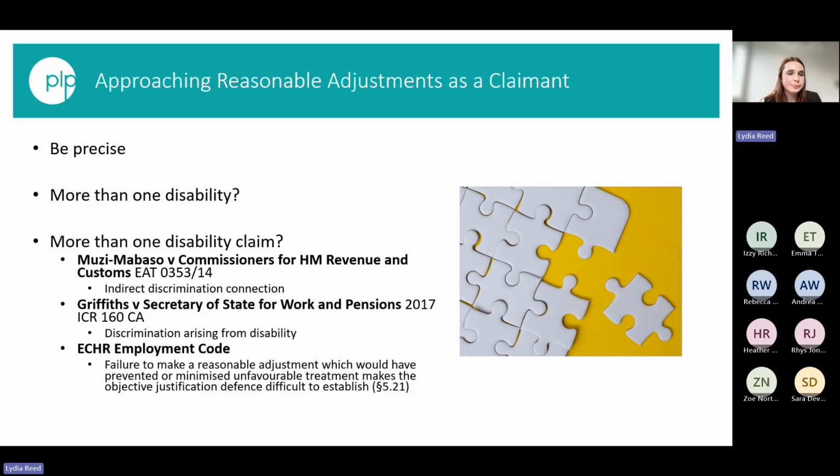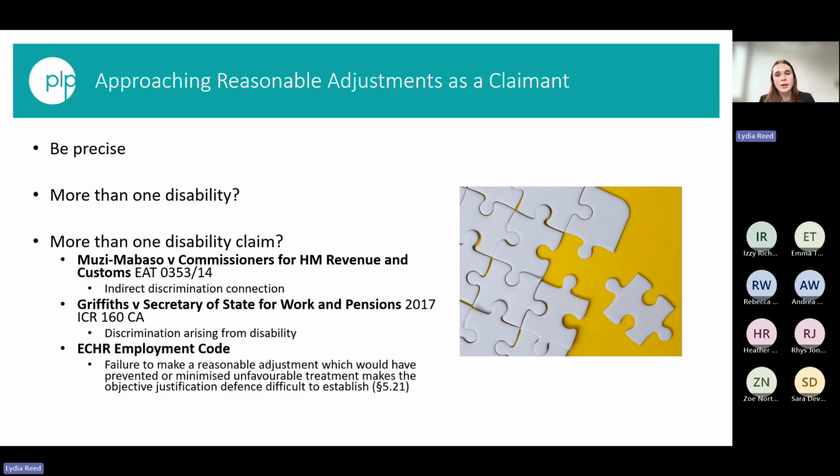There might also be a claimant who has more than one disability. So it might be anxiety and depression, and they both might come into the reasonable adjustments claim. But it also might be something completely different. So there might be a mental impairment and a physical impairment, but the mental impairment might be the relevant disability for the reasonable adjustments claim.